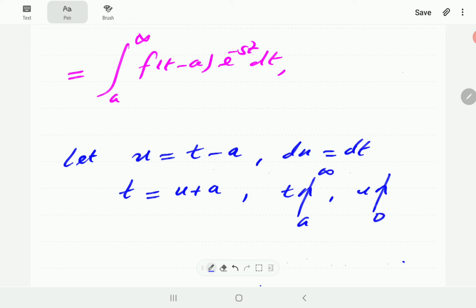As t goes to infinity, u is also going to go to infinity.